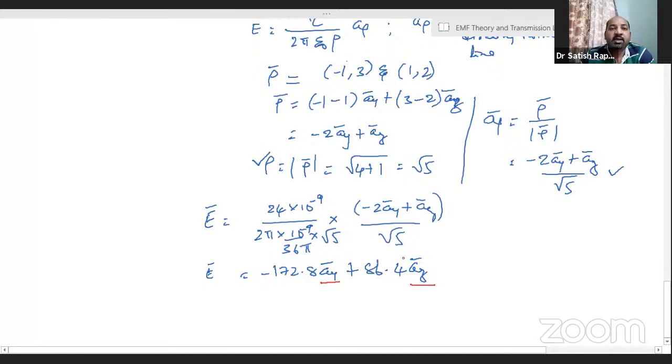Why? Because the line charge is parallel to x-axis and is perpendicular to y and z axis. And as we have just discussed, the electric field flows perpendicular to the line, right? So this is how we can determine electric field with respect to line charge.